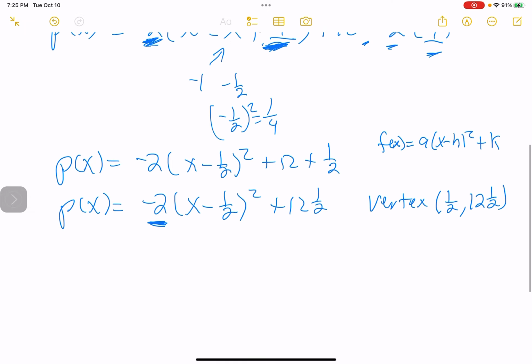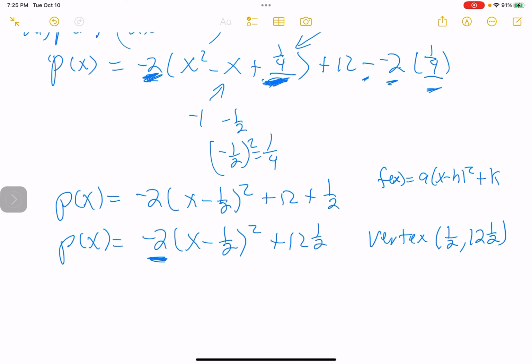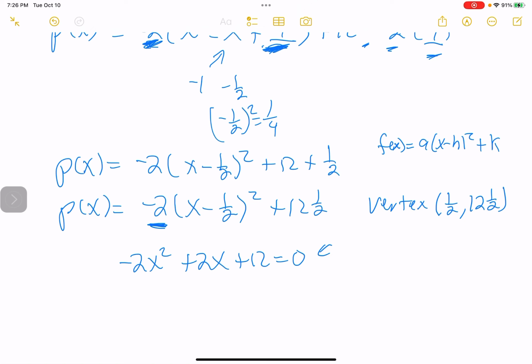Let's get a few more things. Let's go back to what we have. If we take negative 2x squared plus 2x plus 12 and set it equal to 0, we can factor this and find the x-intercepts, because the x-intercepts occur on the x-axis, and y is 0 on the x-axis. So I'm going to divide everything by negative 2.